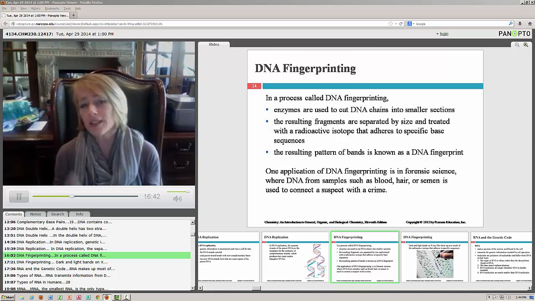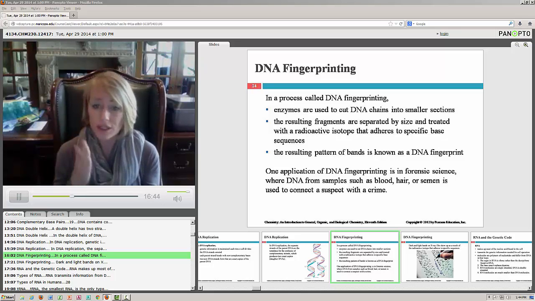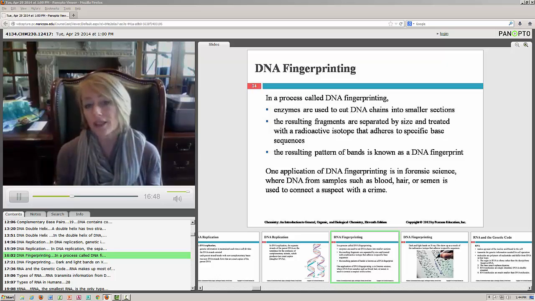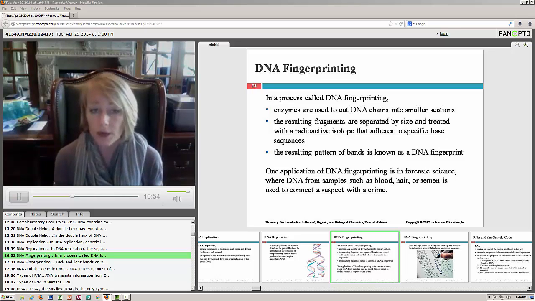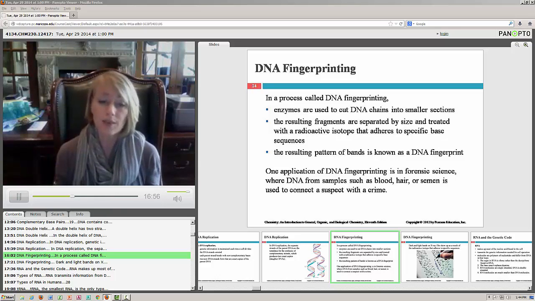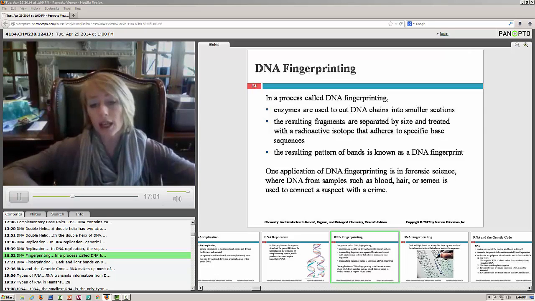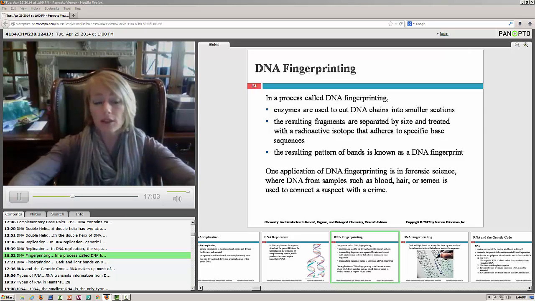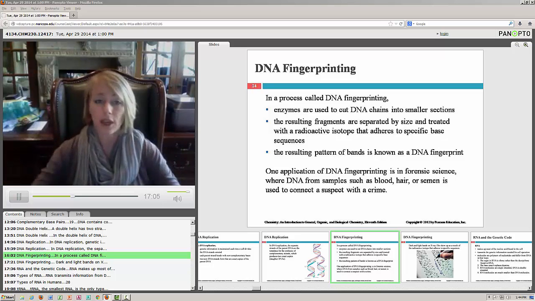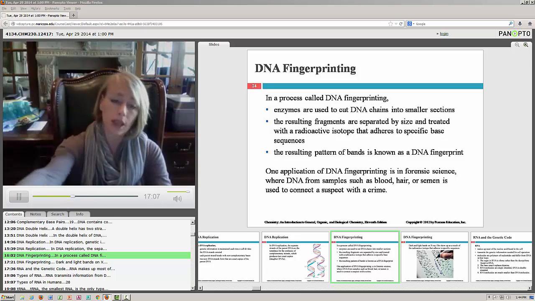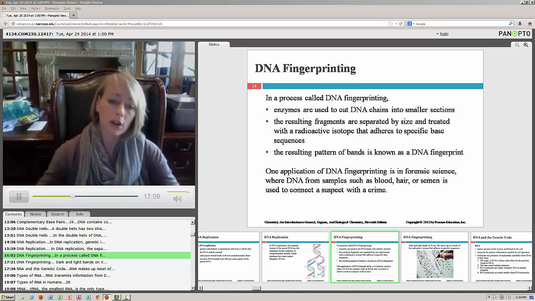And so we use enzymes that will cut between certain specific base sequences, and we'll get certain lengths of the DNA that are exactly the same. If you do that in two separate samples and do the experiment separately and use the same enzyme, if they're the same DNA, you can put them on a gel that will separate out the strands by size, where the smallest go fastest and are furthest along, and the largest bands are a little slower going through the gels.